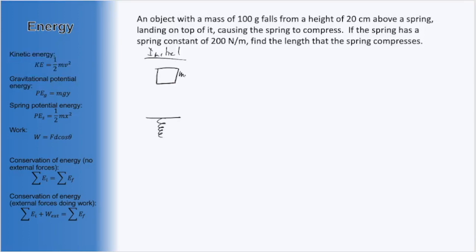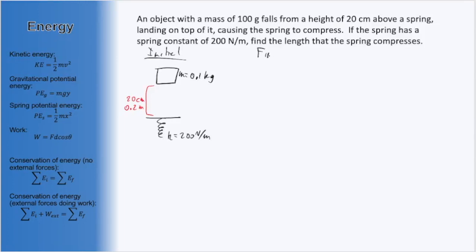We know this mass is equal to 100 grams, which if we convert is 0.1 kilograms. We know that it starts a distance of 20 centimeters above the spring when it's uncompressed. That 20 centimeters is again something we might want to convert, which would give us 0.2 meters. And we could go ahead and label that the spring has a spring constant of 200 newtons per meter.